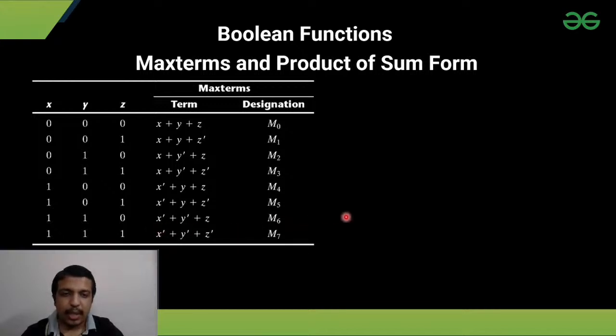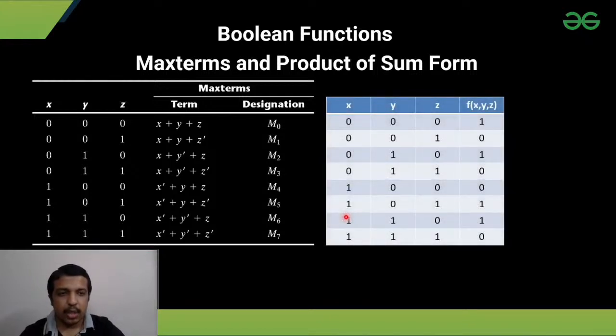Now let us consider an example for this. I have taken the same example which I took for minterms and sum of product form. So let us write the expression for this. First of all we will see where we have a 0 in this function. So we have a 0 in this position. For this we have this particular term 0 0 1, x plus y plus z complement.